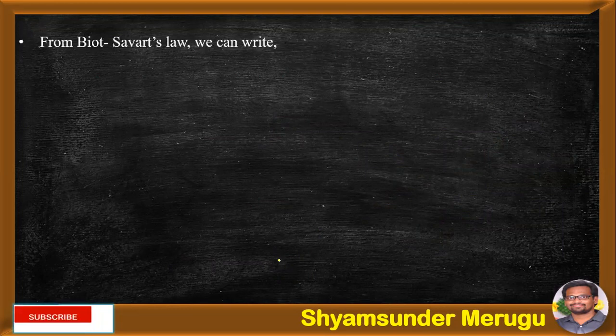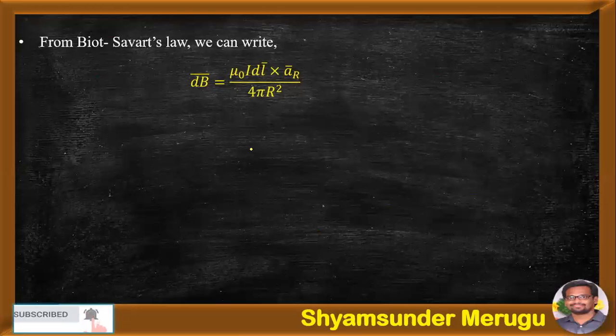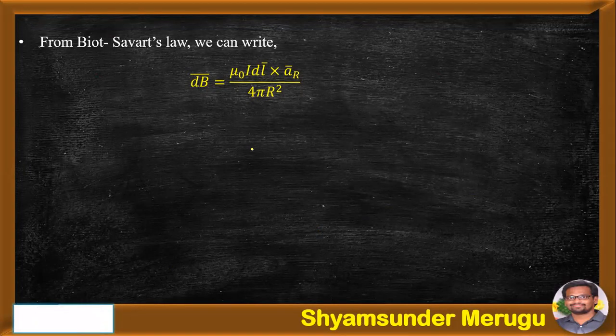We are going to find out the expression for dB2 bar. As we know from the Biot-Savart's law, we can write the magnetic flux density produced at a certain point P, where r is the distance between the current element and the point of interest where we are going to calculate the magnetic flux density B bar, due to the current element I dl bar, is given by dB bar equals mu naught I dl bar cross A bar r over 4 pi r square.